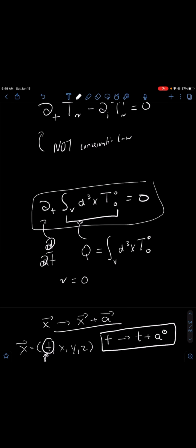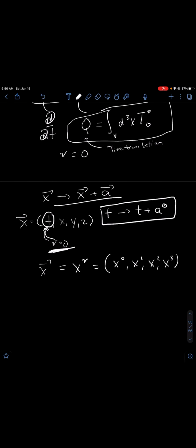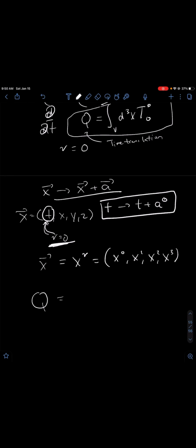So under time translations of the Lagrangian, by setting ν equals 0, this is the conserved quantity for time translations. Let's write that down again.